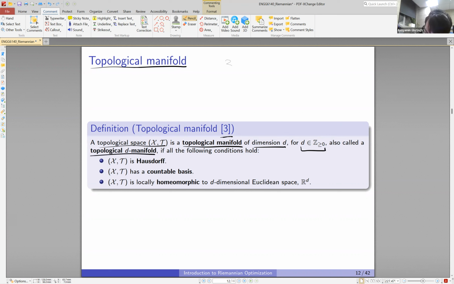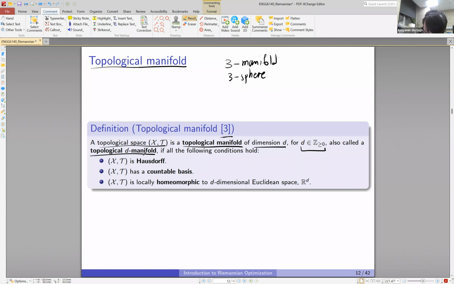So I think you have heard of this a lot in mathematics: 3-manifold or 3-sphere. If you take a look at papers, you see a lot of these 3-spheres, 3-manifolds. It means that this is a topological manifold of dimension 3, or a topological sphere manifold with dimension 3. Okay. So what do they mean?